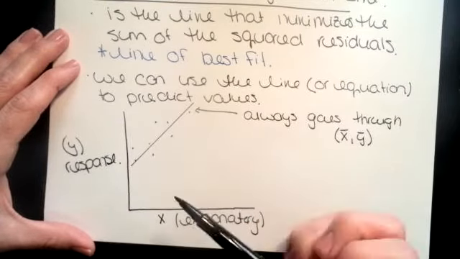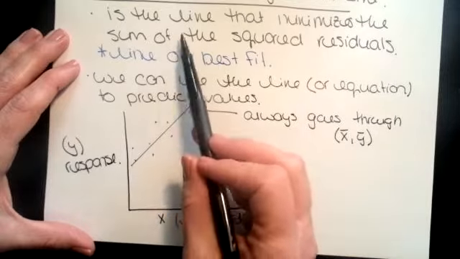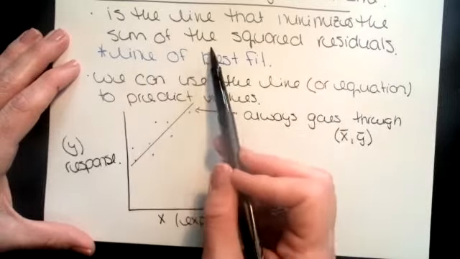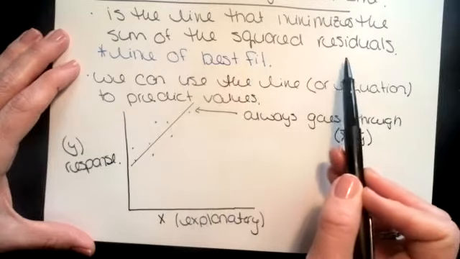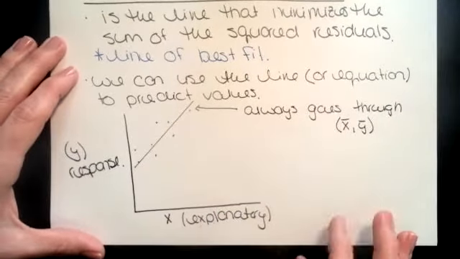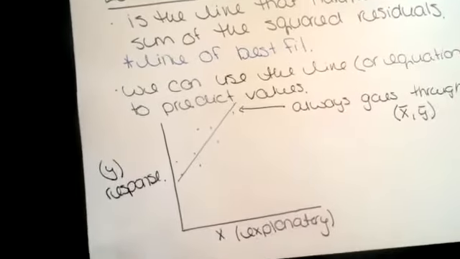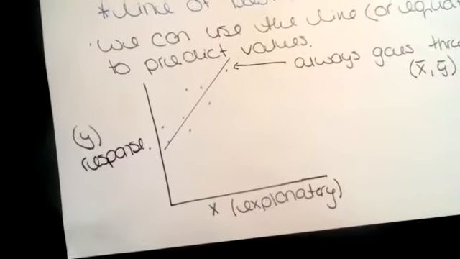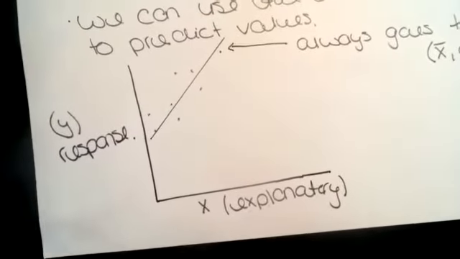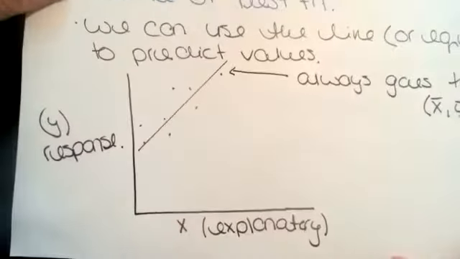Let's discuss what this means, the line that minimizes the sum of the squared residuals, what I mean by that. So if we're looking at the line, I'm going to zoom in on this a little bit so we can see it a little bit better. I love that. I can just zoom right in.